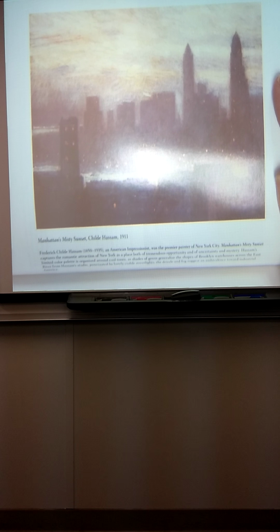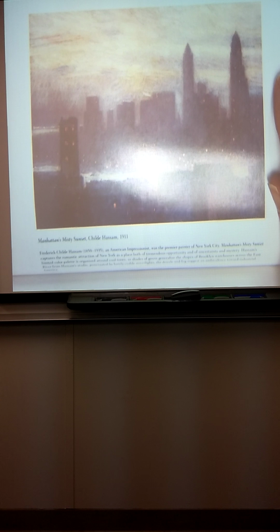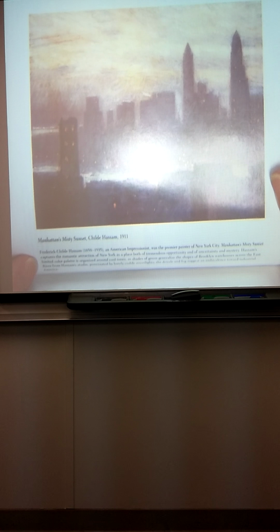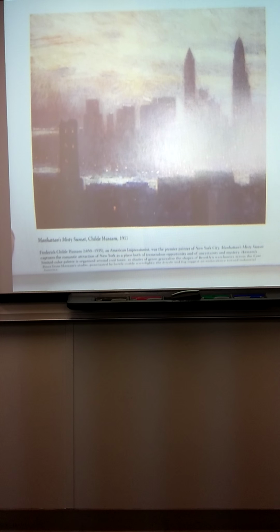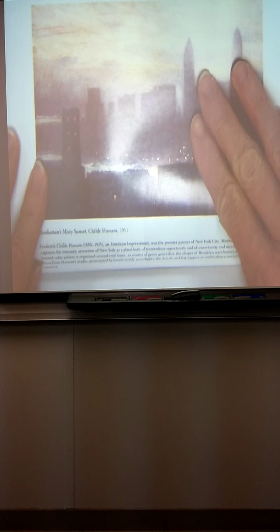The editors of the book say it's punctuated by barely visible streetlights. The drizzle and fog suggest an ambivalence toward industrialism, toward industrial America. I'm really having a problem with that glare.